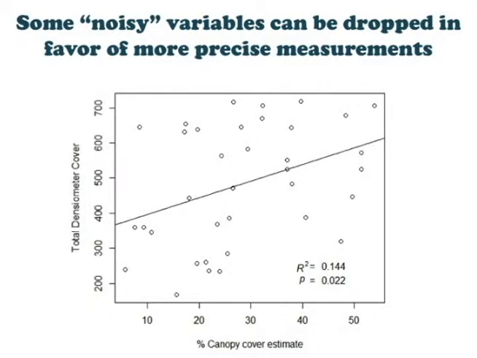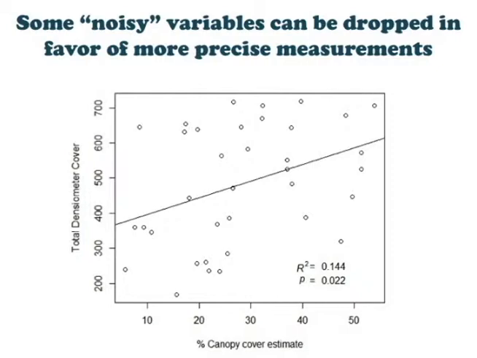So one of the ways that we're addressing these noisy variables is looking at other variables that are a little bit more discrete, a little bit more precise, that can maybe be used instead of these more noisy variables. One of the best examples here is with our percent canopy cover, which is very subjective, that can actually be replaced by densiometer cover.